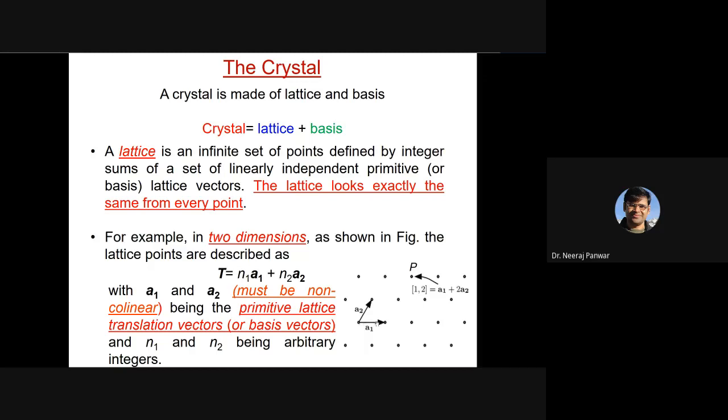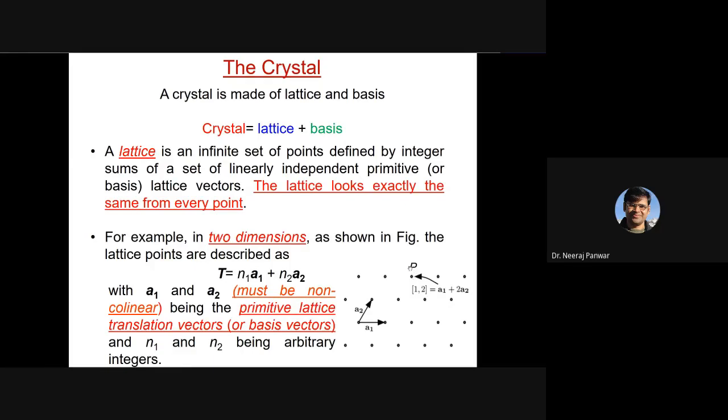From this point to this point is denoted by the basis vector A1, and the distance along this direction is denoted by A2. Now by taking these basis vectors, or translation vectors, or fundamental vectors, we can reach any lattice point inside this lattice. For example, we consider this point P.